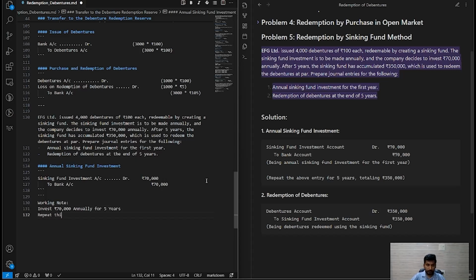So we will repeat this entry for the next 5 years, so that the total accumulation will be 70,000 multiplied by 5, that is rupees 3,50,000.